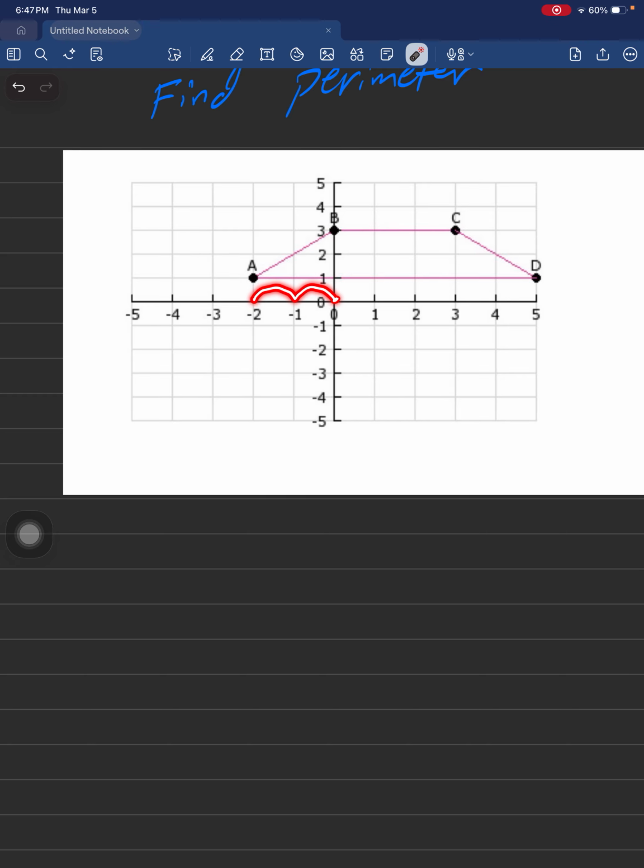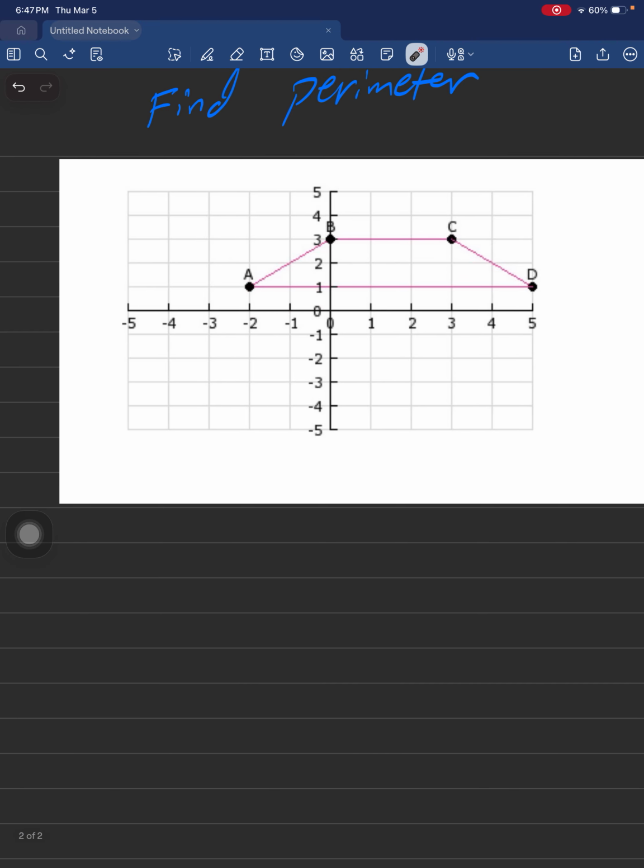So we run to -2, then we rise 1 unit. So 0, -1, -2 as run is the x coordinate, and then rise to 1 as the y coordinate.